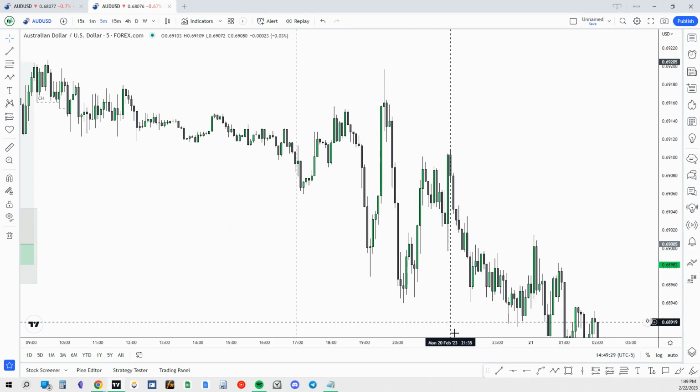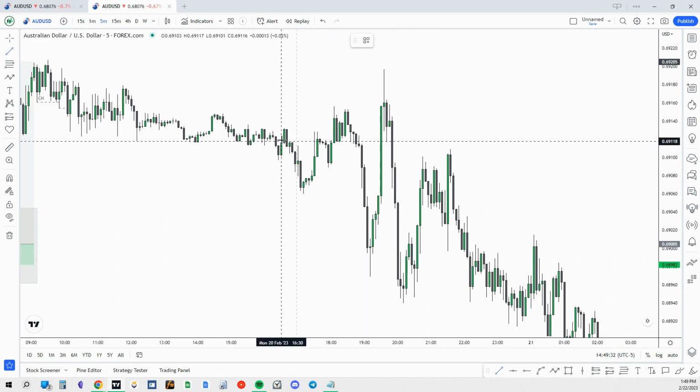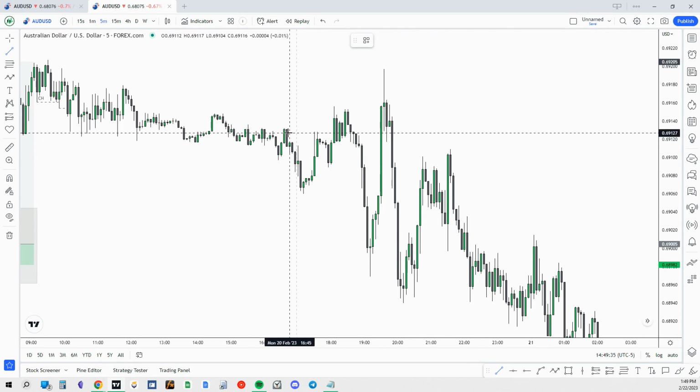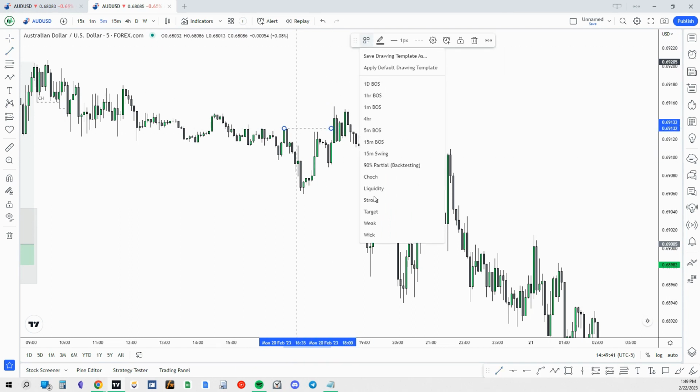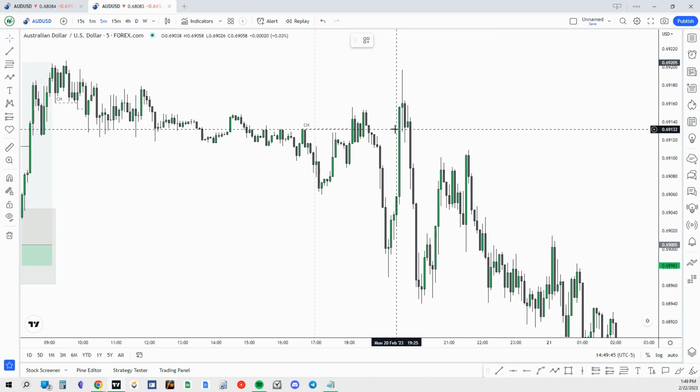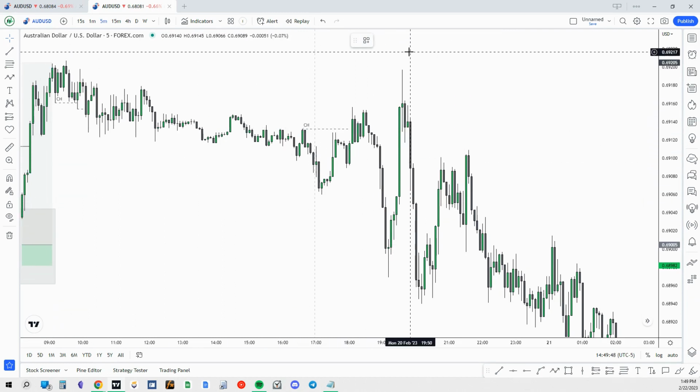We can see here, price pulls back above these highs right here. Depending on how you read market structure, you could see this as a change of character, at which point you may think, okay, the pullback is done, we have a change of character, and I want to take this higher.